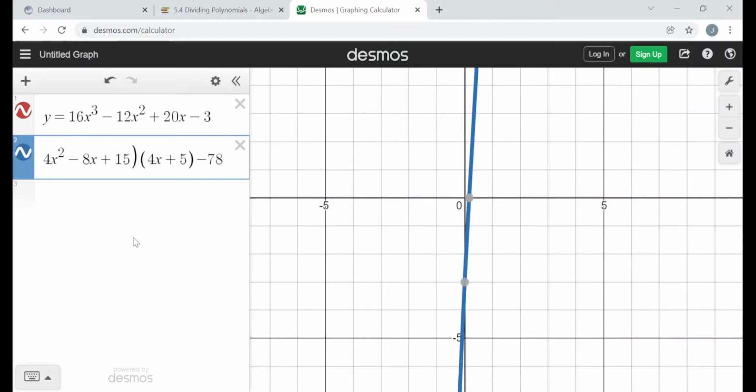And you see how it's exactly the same graph, right? Red, blue here, or whatever colors you're seeing. It's right on top of the other graph. They're the same graph. So the quotient times the divisor plus the remainder is equivalent to the dividend. At least it looks that way from the Desmos site.